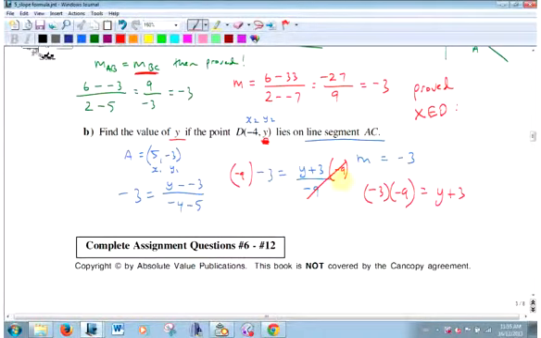We want to get rid of the fraction. That's why we do this. So negative 3 times negative 9 is positive 27 is y plus 3. All I got to do is get rid of the 3 and I'm done. How do I get rid of plus 3? Doing the opposite operation. The opposite of plus is minus to both sides. So y is 24.